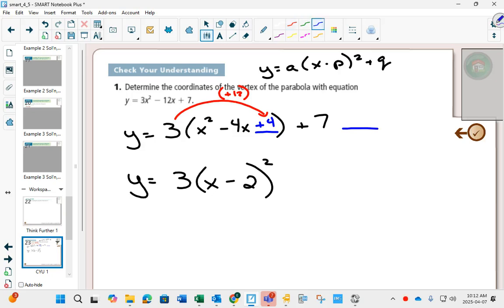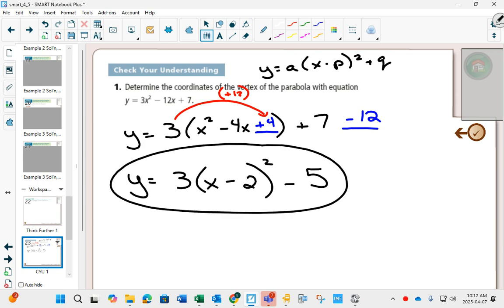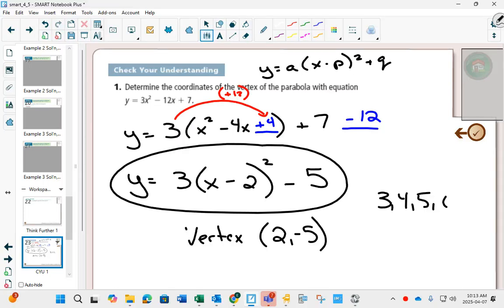So to compensate, I would need to subtract 12, giving me there's the standard form, and now super easy for me to say what my vertex is. My vertex is going to be at 2, negative 5. Okay, so try some of these on your own, 3, 4, 5, and 6.